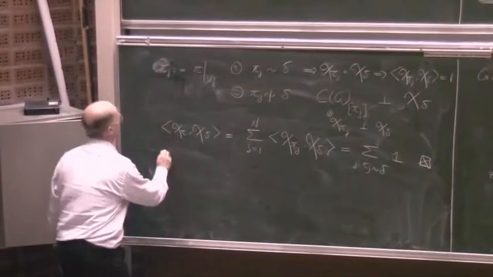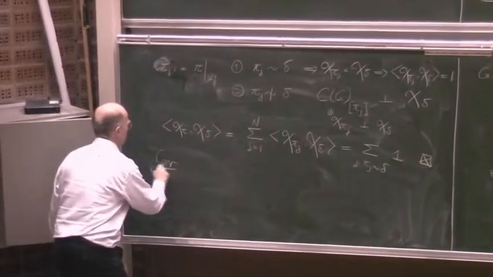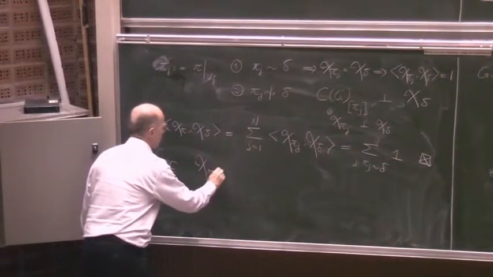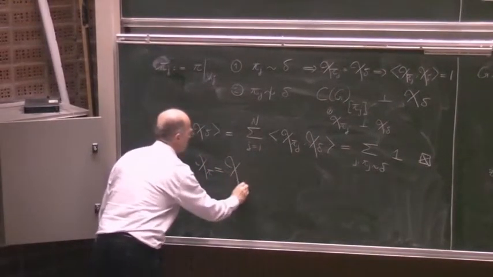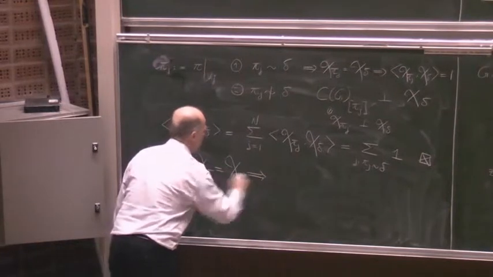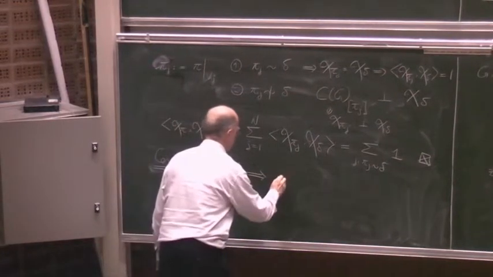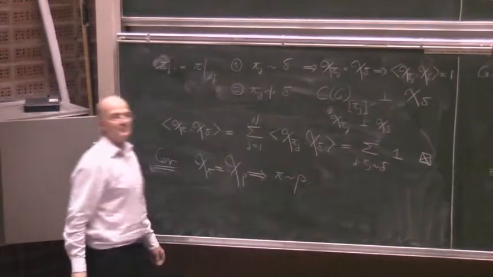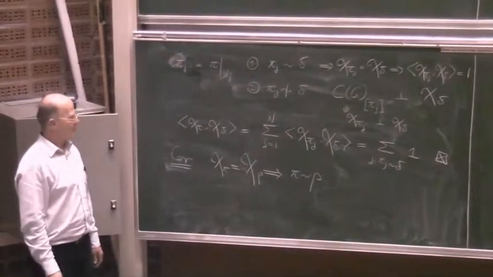Now, corollary: if we have two representations and their characters are equal, then this implies that the representations are equivalent. Proof.